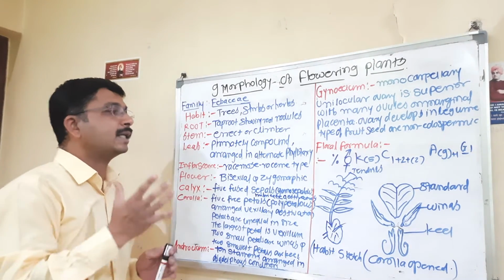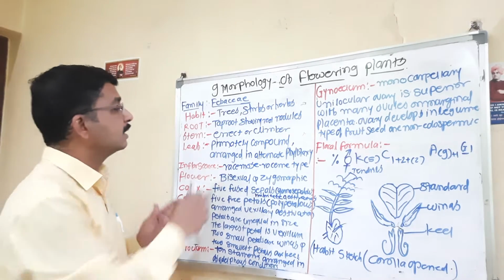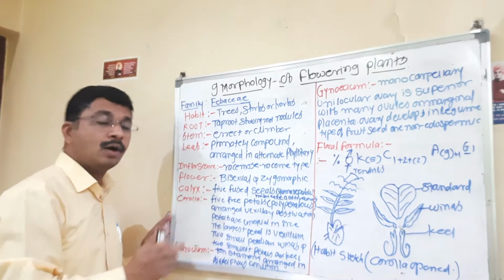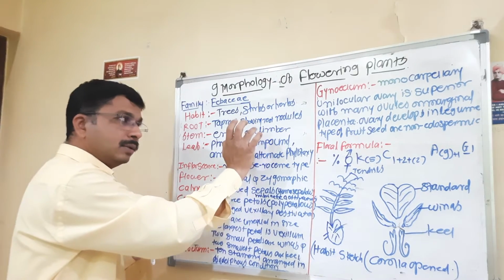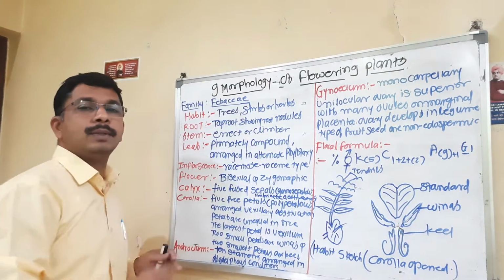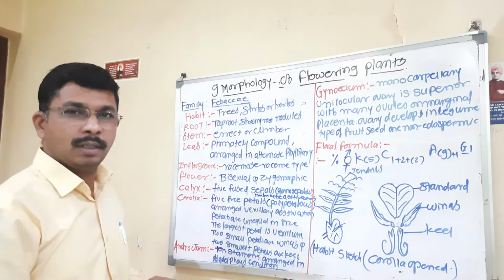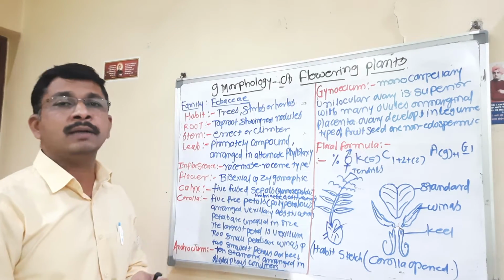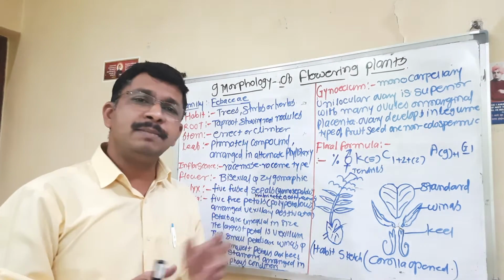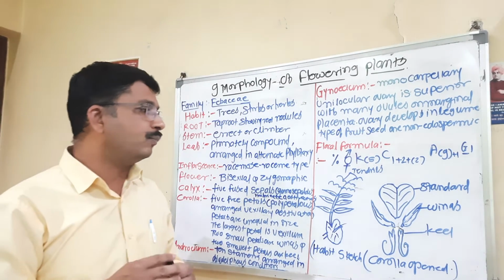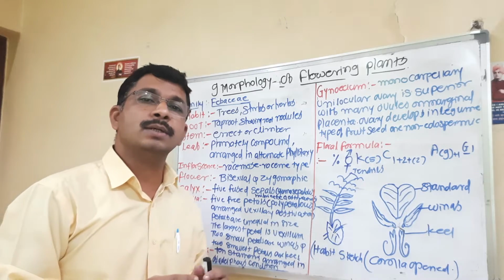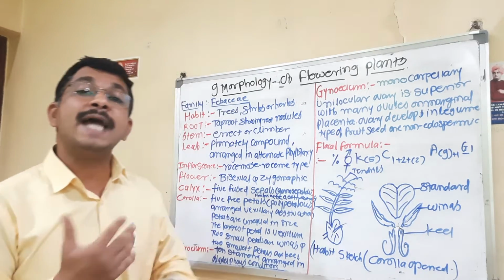Then the stem is erect or climber. Stem is erect, standing erect, or climber. Why are they climbers? Because in particular plants like the pea plant, the stem is somewhat weak. Because of that weak stem, the plant is unable to stand erect.